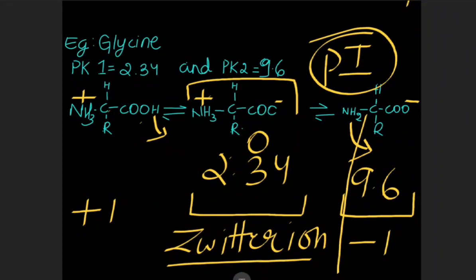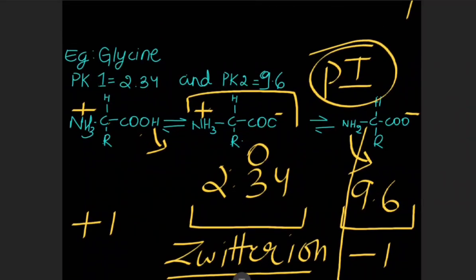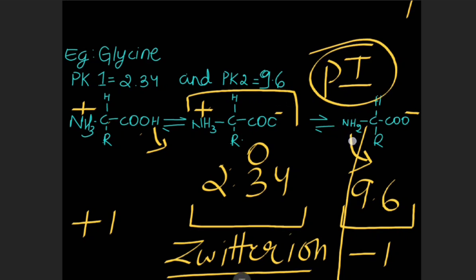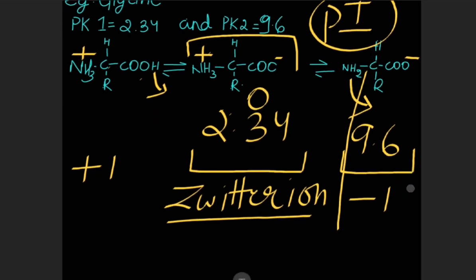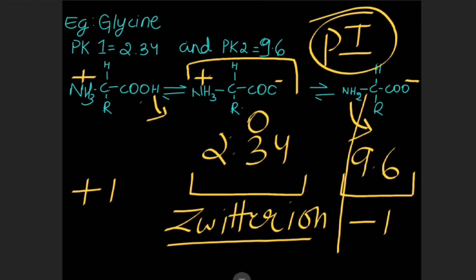Then we calculated the isoelectric point of glycine, where I showed you that 2.34 is where the COOH loses its hydrogen, and the pK2 value of 9.6 is where NH3+ loses a hydrogen and becomes NH2. This is the zwitterion, where we don't have any charge.